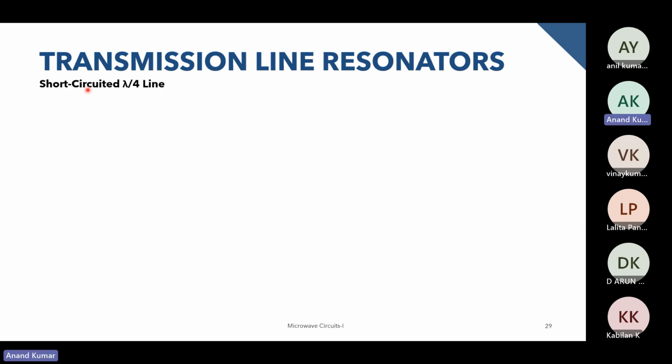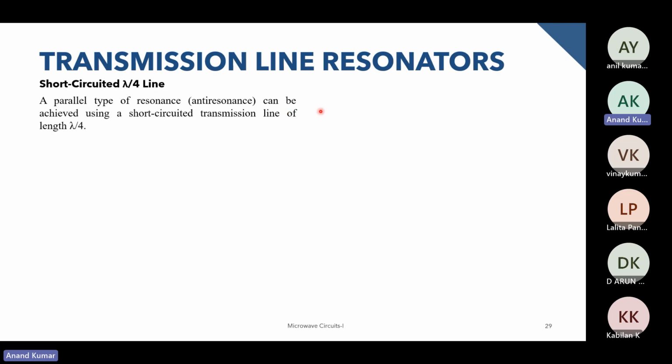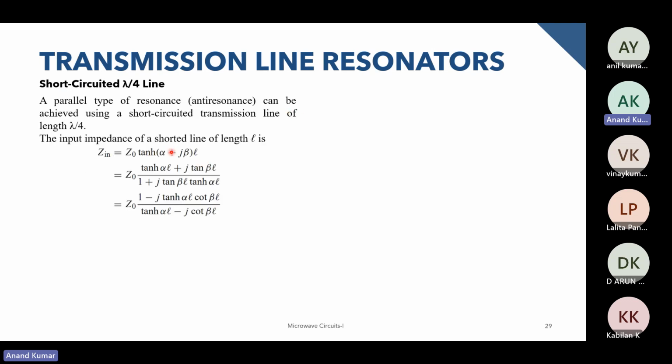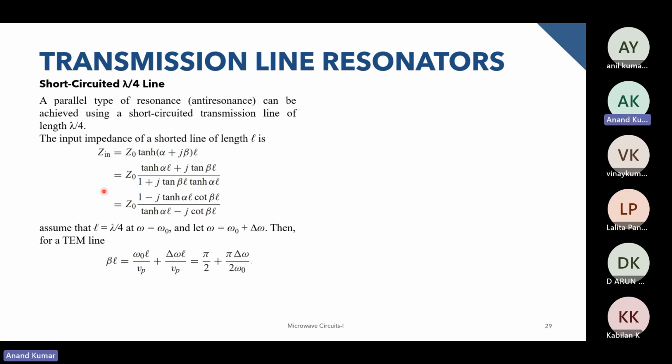Okay, now looking at the short circuited lambda by 4 line. The math is very similar. We find the input impedance for the lambda by 4 line over here, and we go through this mathematics. We have the tan h term over here. We simplify this, and instead of using tan beta L, we write cot beta L for lambda by 4 values.